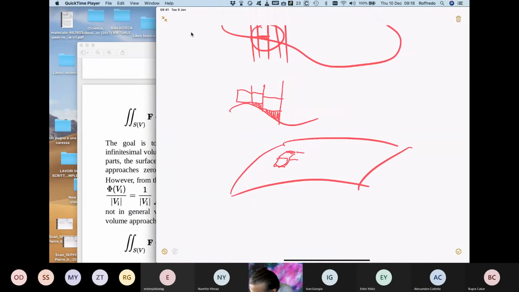So you transform this surface into a union of small squares, which are all tangent to the surface in the central point, and the integral of a function psi on the surface is always the sum over i from 1 to n of the integral on Ci of psi, where Ci is this small approximating square.